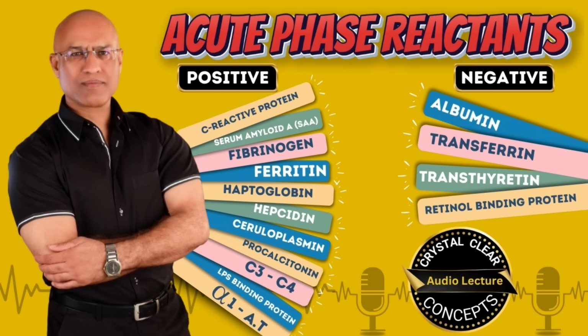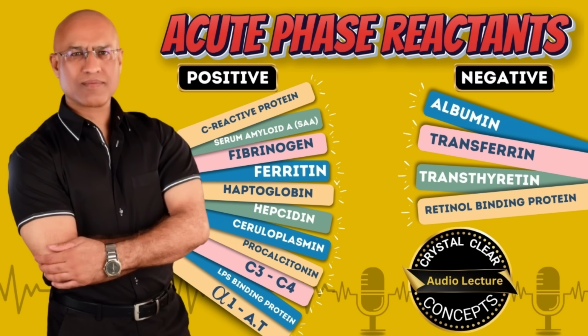If there is iron deficiency anemia, then iron is low in the blood, and ferritin is also low. But in anemia of chronic disease, ferritin levels are high, but iron levels in the blood are low.